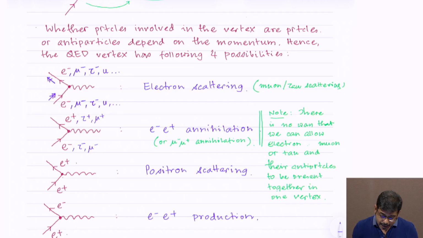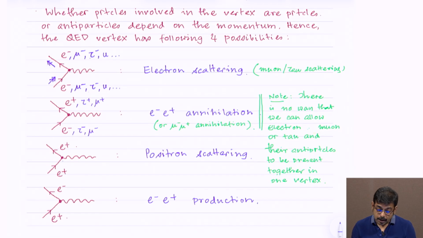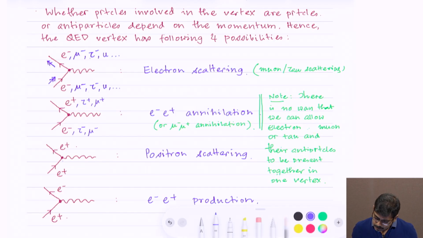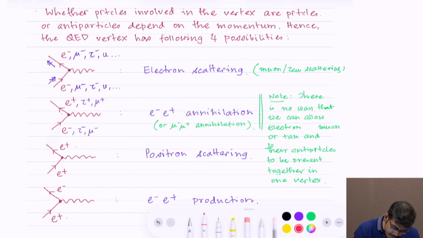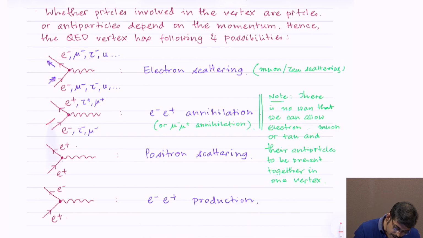Similarly, I can actually reproduce electron positron annihilation. That means electron and positron both are coming towards the vertex and getting annihilated. So, how do I draw the momentum graph? If this is electron, then the momentum is flowing towards the vertex, and this fermion line is flowing out of the vertex, but the momentum is flowing towards the vertex.